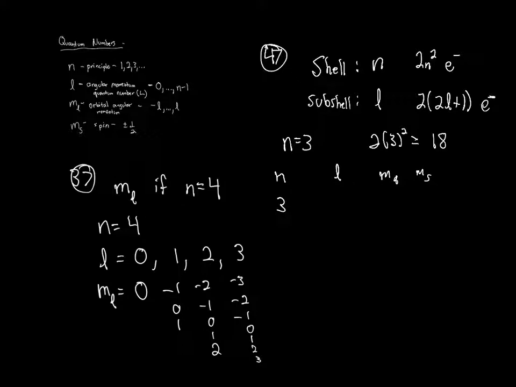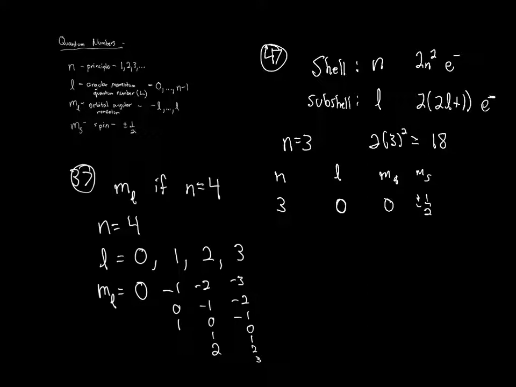I can have 0. If l is 0, what is m sub l? 0. m sub l has to be 0. And what's m sub s? Plus or minus 1/2. There's 2 electrons. I could have an electron in the state 3, 0, 0, positive 1/2, or I can have 3, 0, 0, negative 1/2.